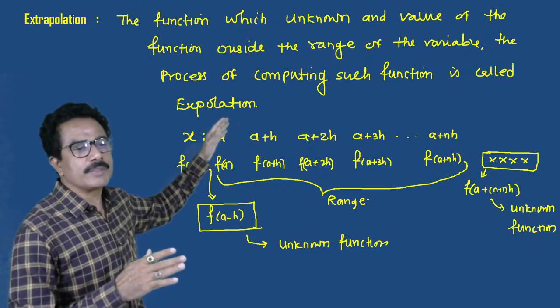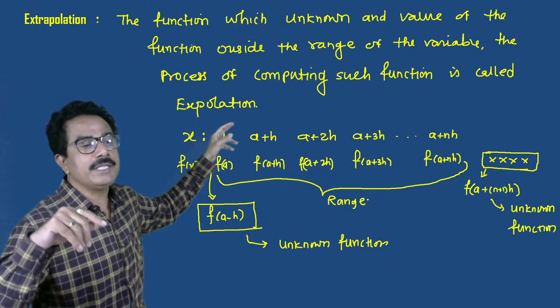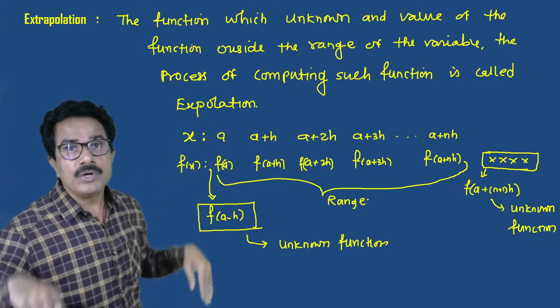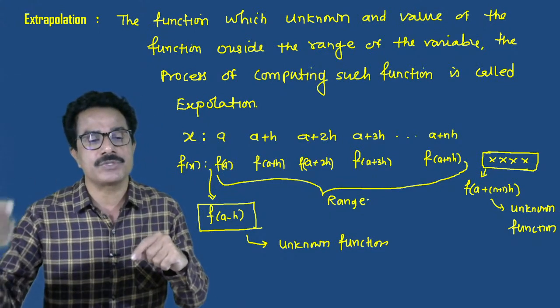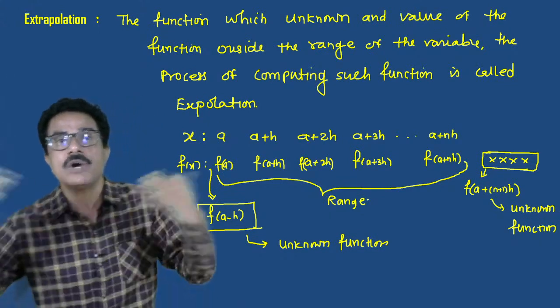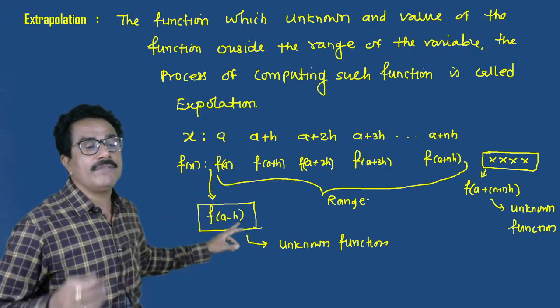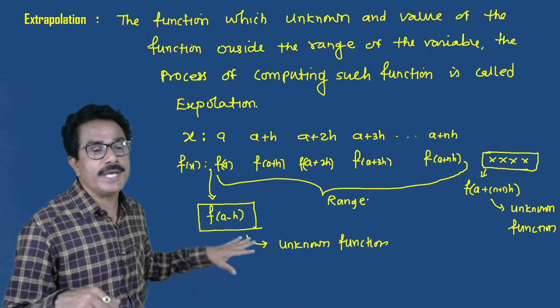The given range is from a to a plus nh. Actually, the variables are a to a plus nh, but the unknown term we have to find is f(a plus n plus 1 times h), which is outside the range. Or the unknown term we have to calculate is f(a minus h) or f(a minus 2h).